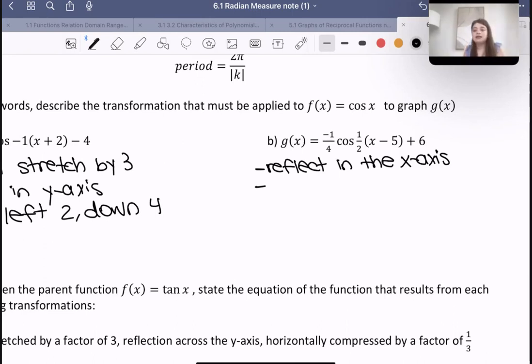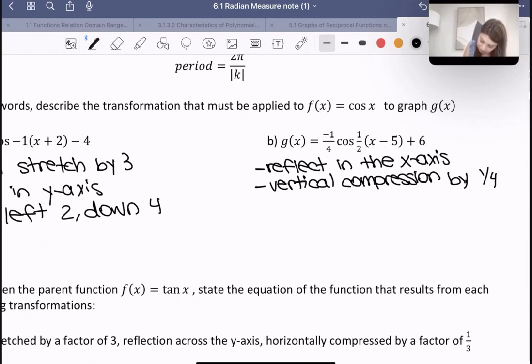Well, I see 1/2 there, which means we're going to do a, oh no, actually, before we do that, there's also 1/4. It's going to be vertical compression by 1/4.